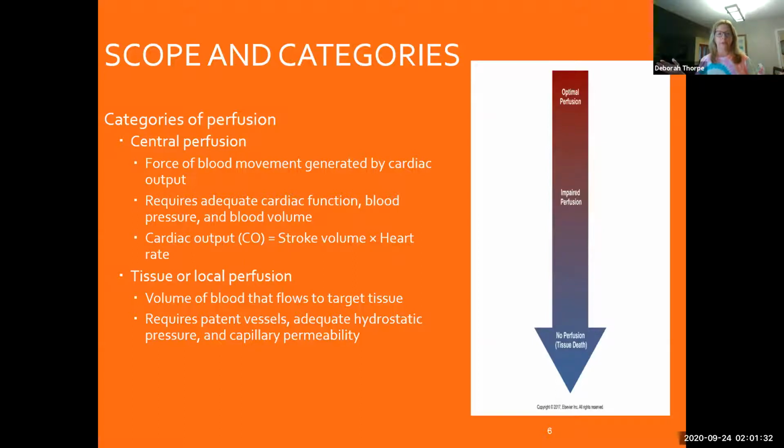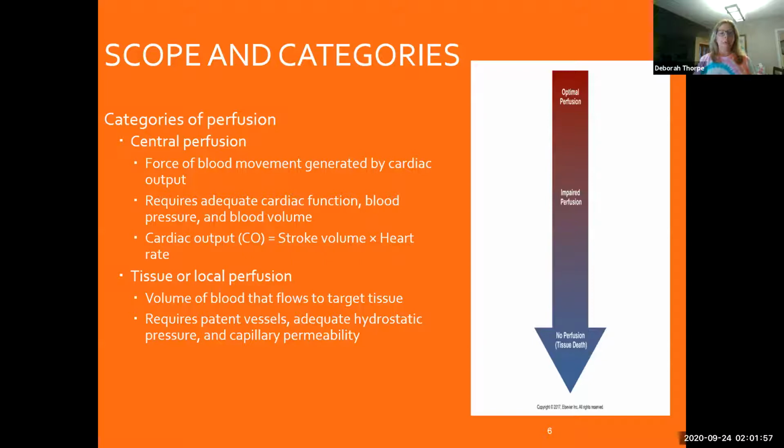One is central perfusion, one is tissue or local perfusion. Central perfusion is the force of the blood movement generated by the heart, the cardiac output. It requires adequate cardiac function, blood pressure, and blood volume. So cardiac output is equal to stroke volume times the heart rate.